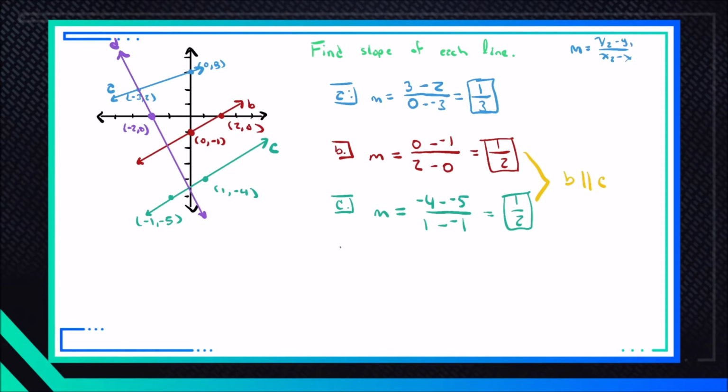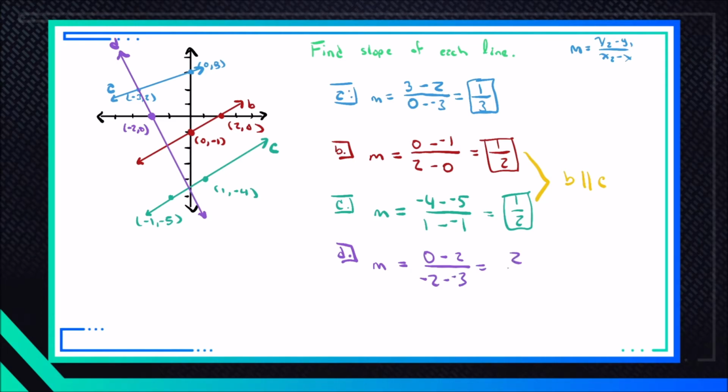Finally, let's take a look at the purple line, line D, and notice here that one of our points is actually going through line A, so we can use that as our x1, y1, and x2, y2 will be negative 2, 0. So we're going to take 0 minus positive 2, and we're going to take a negative 2 minus a negative 3.